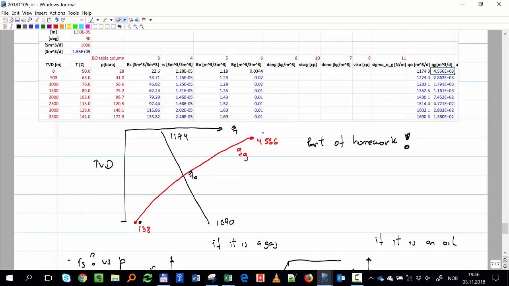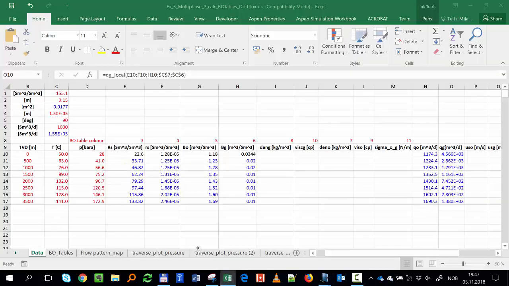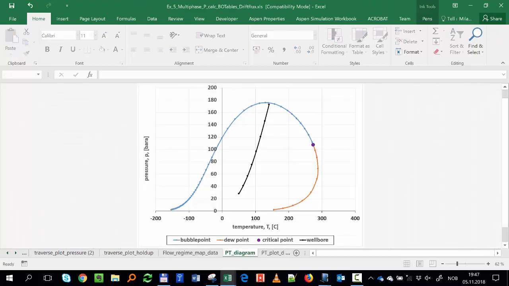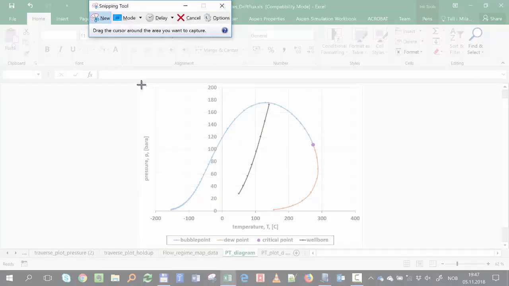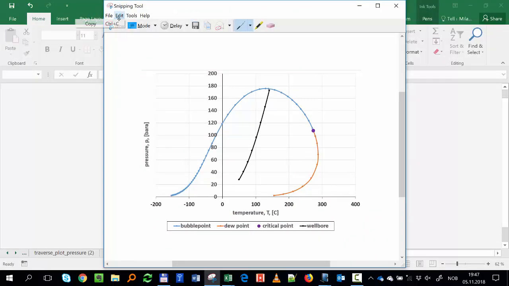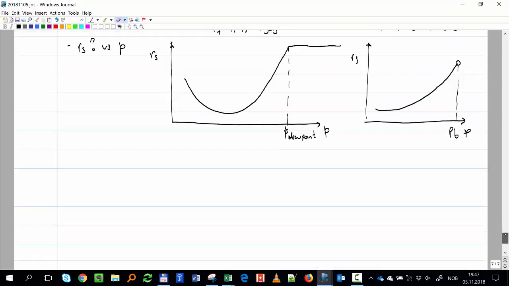Now you see something interesting. If you go to this Excel file, all the way to the end, you will see the PT diagram that I have calculated for this well. You see how it looks, and you see the bubble point. Let's take this plot to the notes.